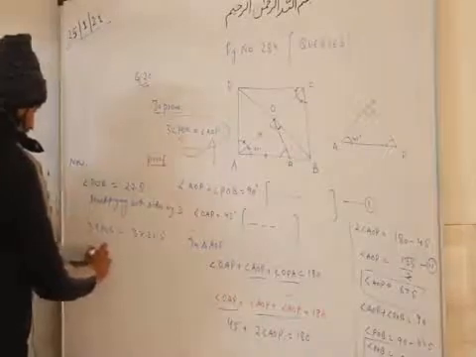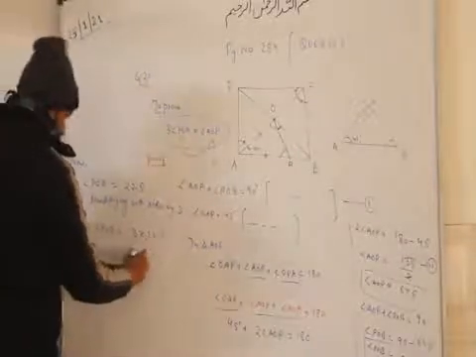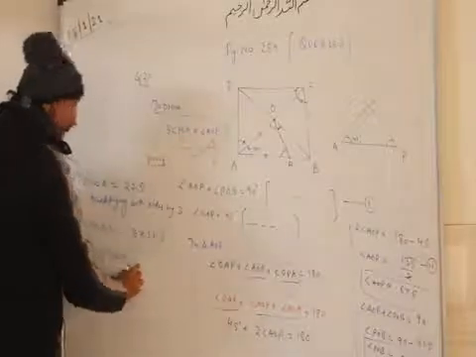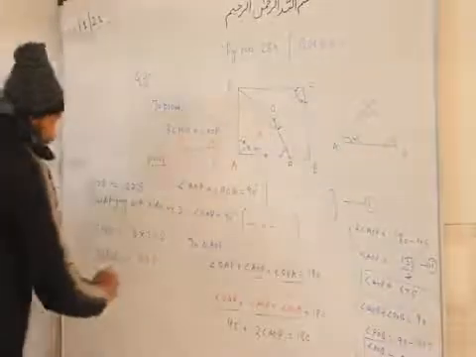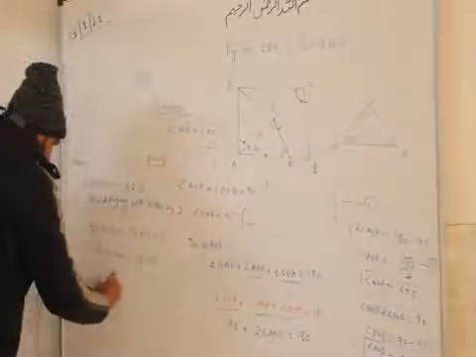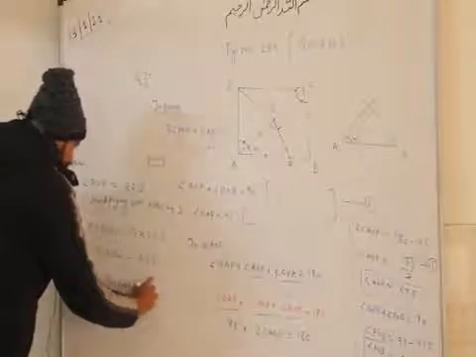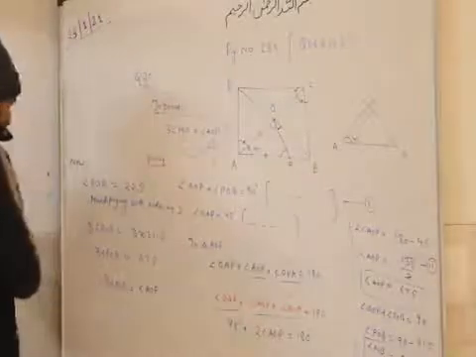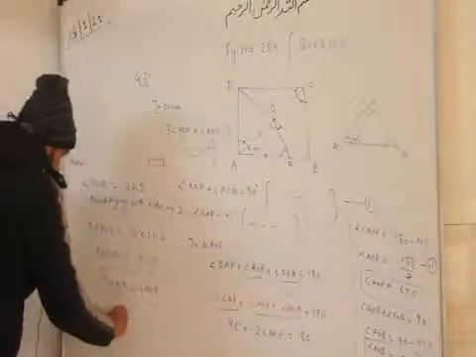So 3 angle POB must be equal to, what is this? 67.5, right? And this is the value of angle AOP. So in place of this we can write 3 times angle POB must be equal to angle AOP. This one we have to prove, so we can write as proved.